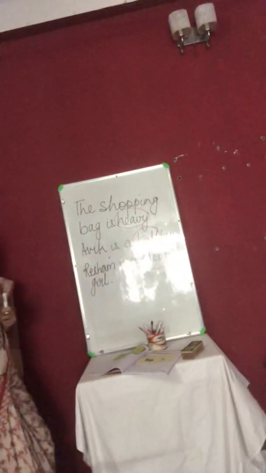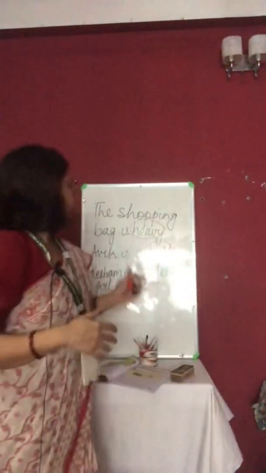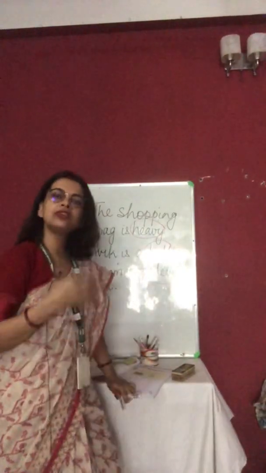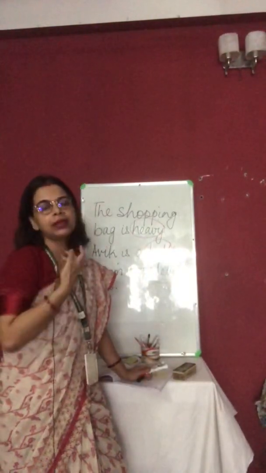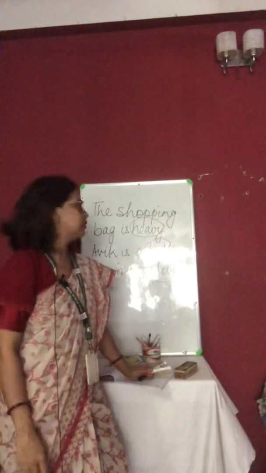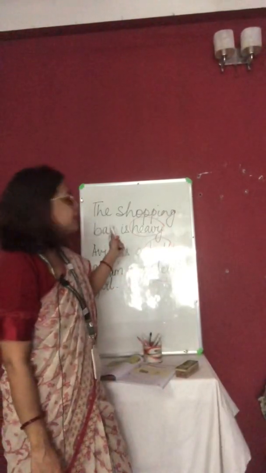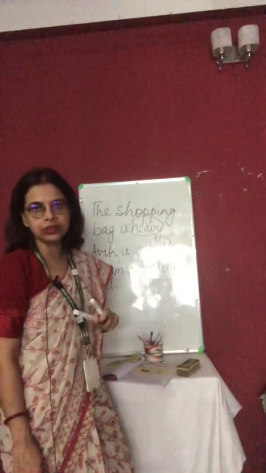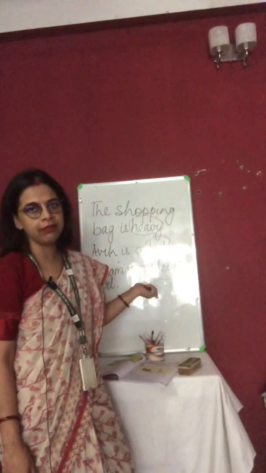So what are they? They are all adjectives, children. And why are they adjectives? Because they are describing things about the particular nouns in the sentences. The shopping bag is heavy.